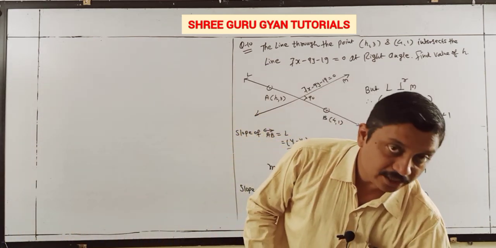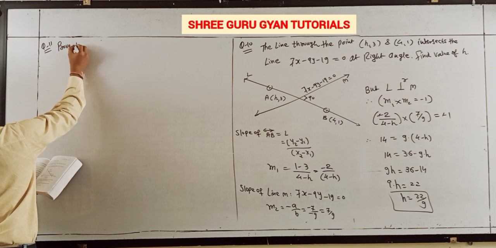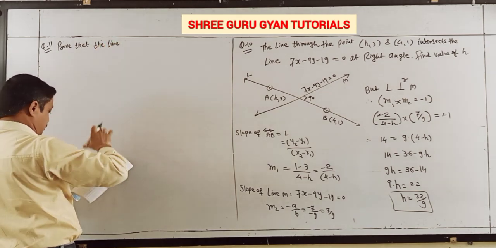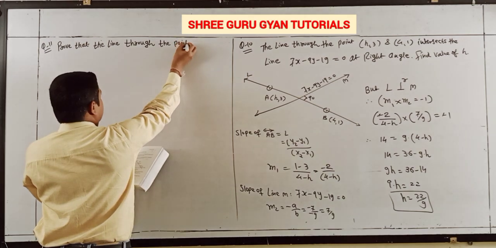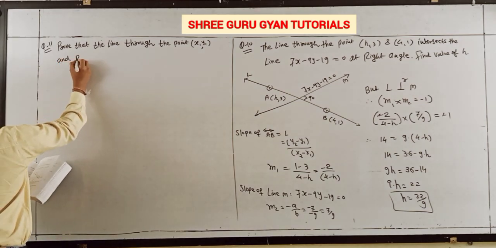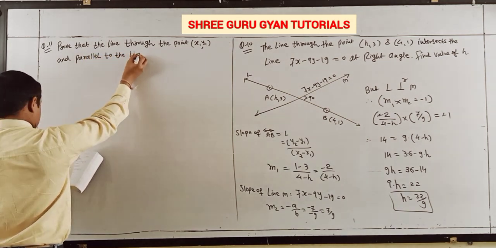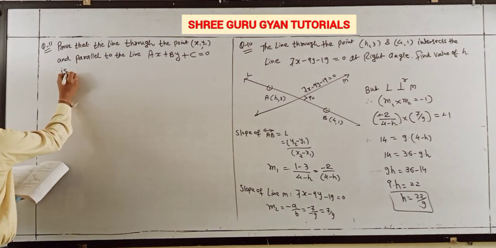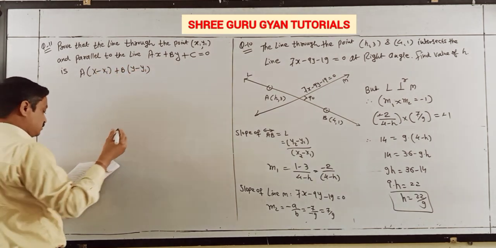Going ahead to the 11th: prove that the line through the point x1, y1, meaning one point is given, and parallel to the line ax plus by plus c is equal to 0, is a(x minus x1) plus b(y minus y1) equal to 0.